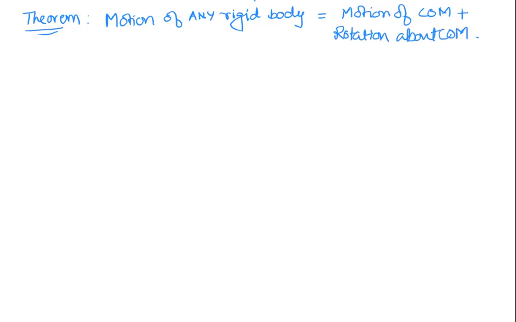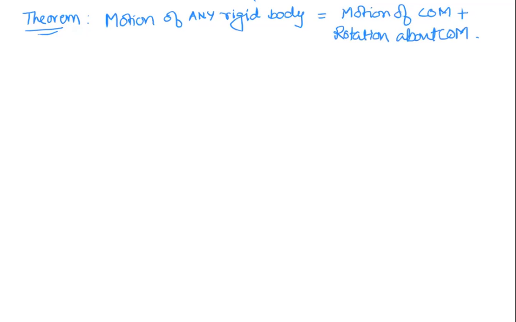So what does this mean? What will you see when you look at an object which is rotating and translating? Well, you are going to see a rigid body whose center of mass is moving. The motion may be any kind of motion that you have learned about. It may be straight line motion, it may be parabolic, it may be circular.